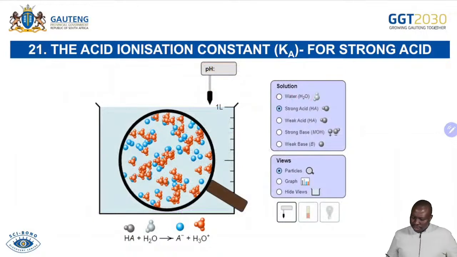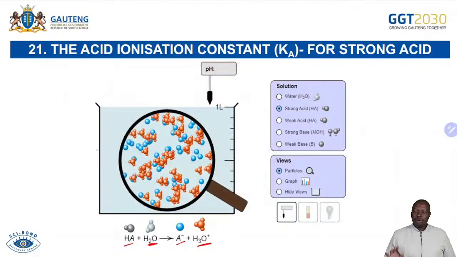And then you can see here, this was just to demonstrate that we had the acid reacting with water, and it ionizes completely. You can see we only have the A minus and the H3O plus in the magnified glass there. We no longer have HA and water remaining.